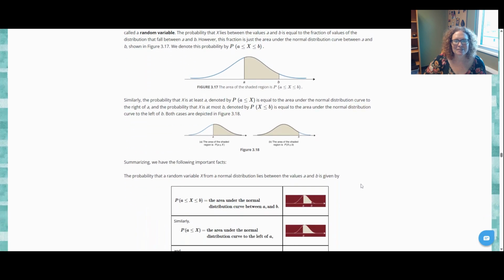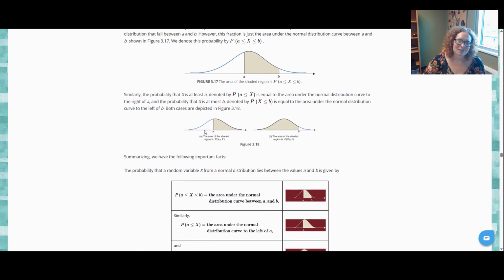If you look at the other principles related to this, if we wanted to know whether x is greater than or equal to a, that would be the shaded area to the right. And when we're talking about b, where x is less than or equal to b, b is falling somewhere within that shaded area. We're not sure where it is yet, but that's what we're trying to figure out.